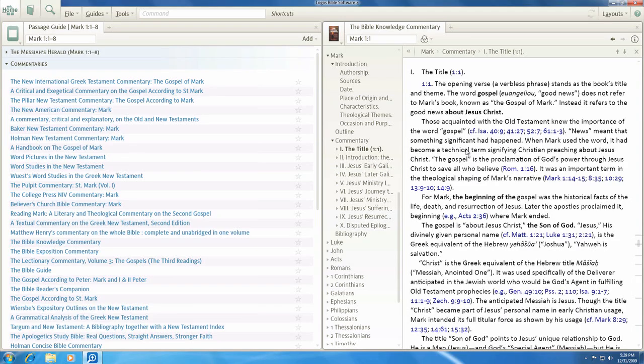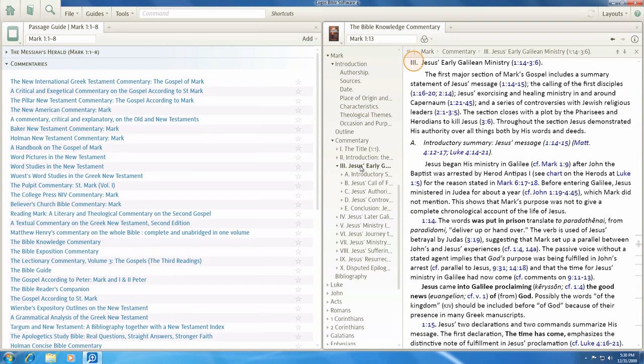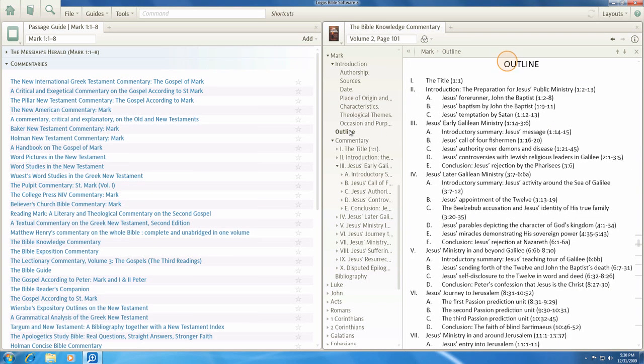And you can see here in the article that there's some use of transliteration. And the structure that you see over here, Jesus' early Galilean ministry, introductory summary, Jesus' message. These headings match the same headings we saw in the outline. So, Jesus' early Galilean ministry, as well as introductory summary of Jesus' message.